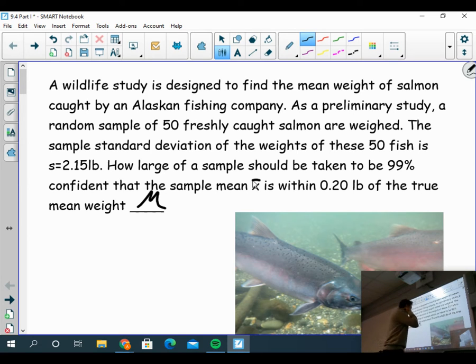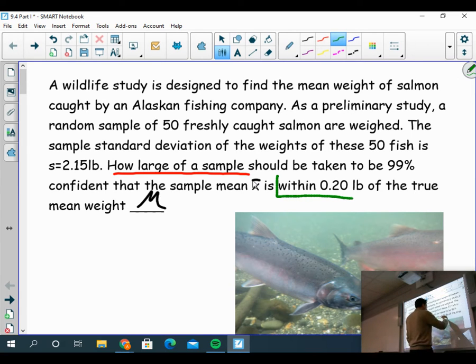But I want you to take a second and see, even though you haven't quite learned it yet, if you can figure out the answer to this problem. Again, what's the question asking? How large of a sample should be taken to be 99% confident that the sample mean is within, this will be important, within 0.2 pounds of the true population mean?